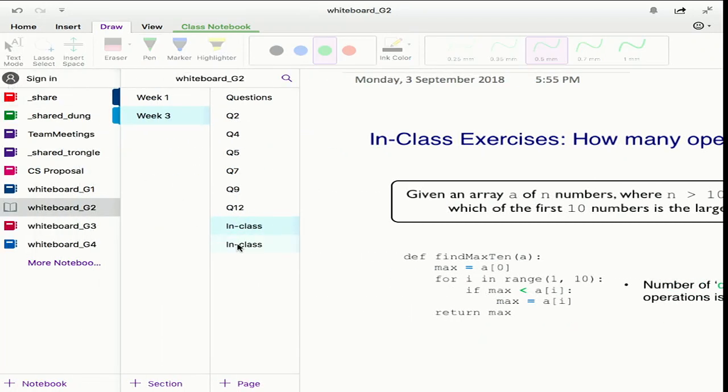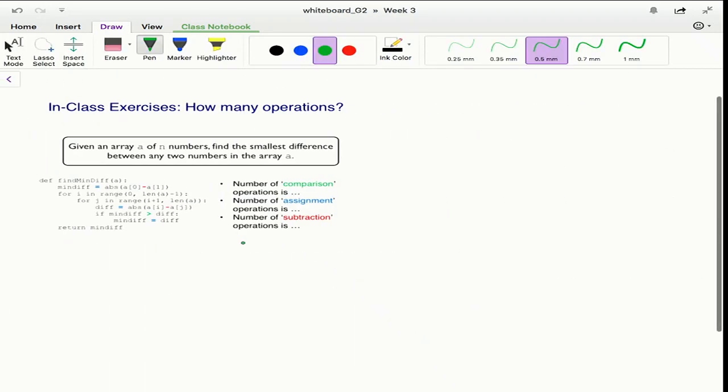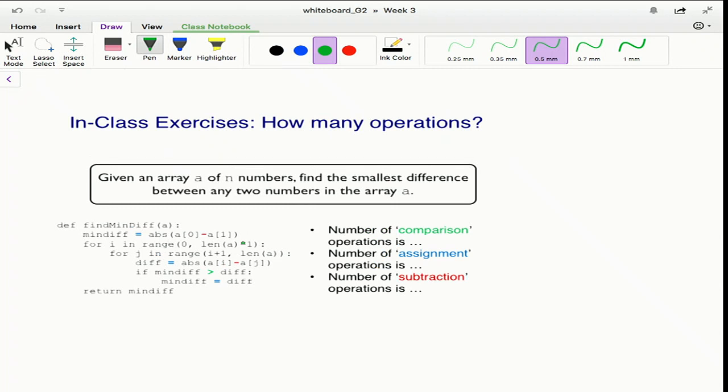Now for the next one, we are talking about a different problem. The problem here is about finding the smallest difference between any two numbers in the array. Now, sometimes when we try to figure out what are the operations we need to keep track of, the problem may give you a hint.